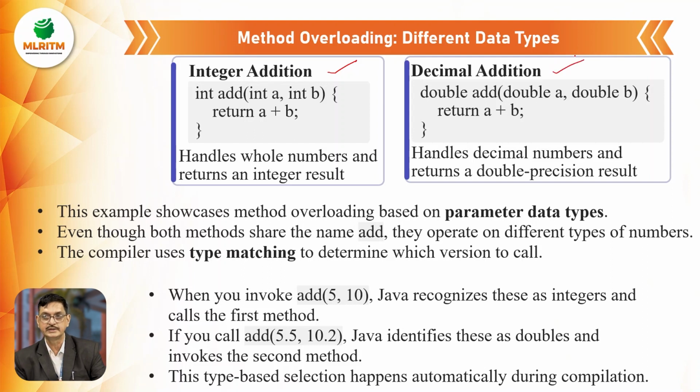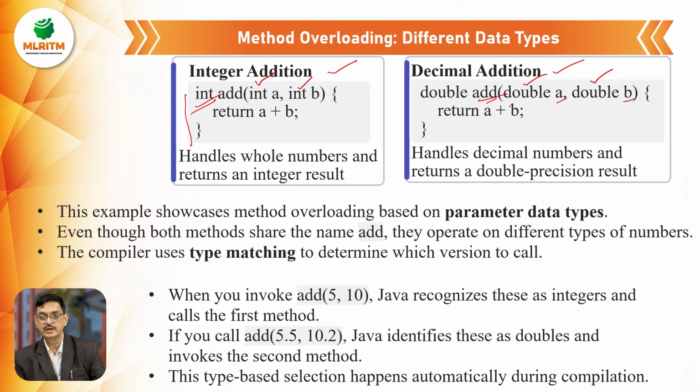Whenever you want to add two integer numbers, we define a method add with two integer data types. It returns an integer result. Then we define one more function with the same name and the same argument names, but a different data type, now double.